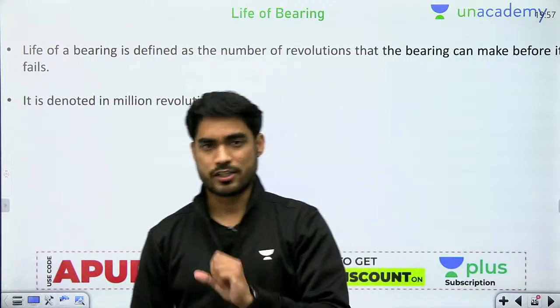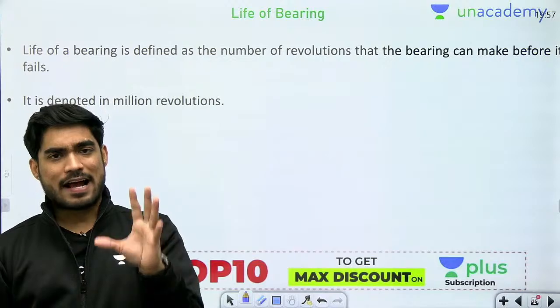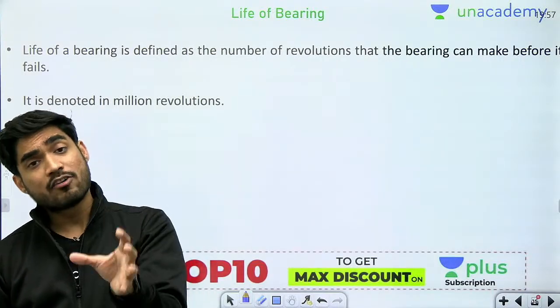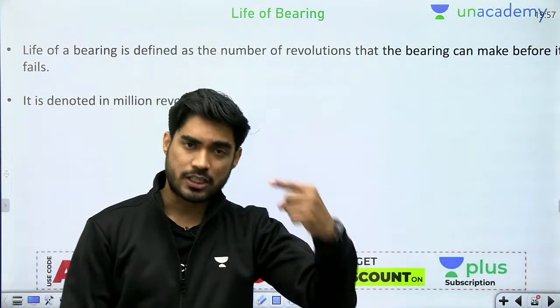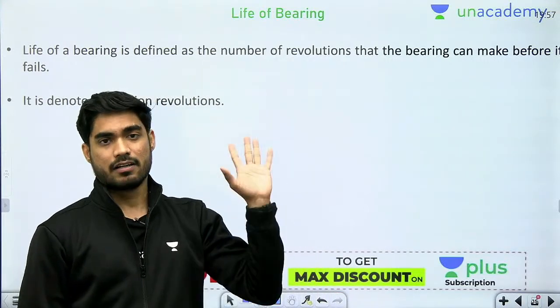They are making revolutions. So beta, the life of bearing is defined in terms of number of revolutions. How many revolutions will these bearings make before failure?